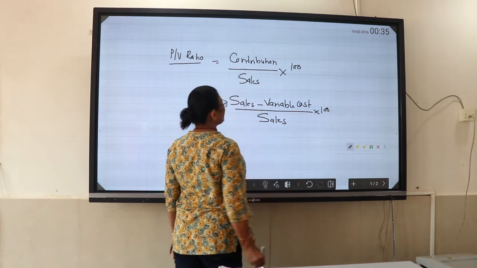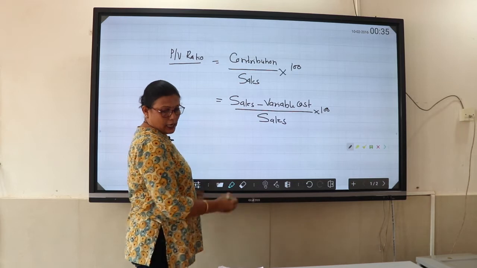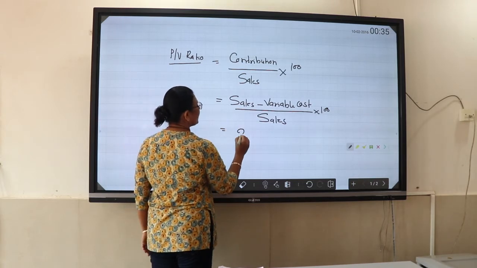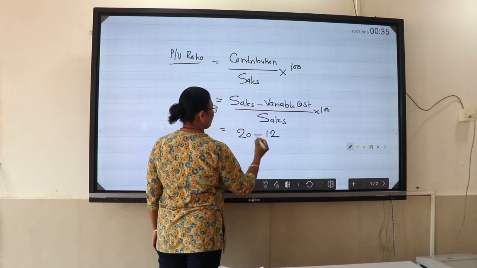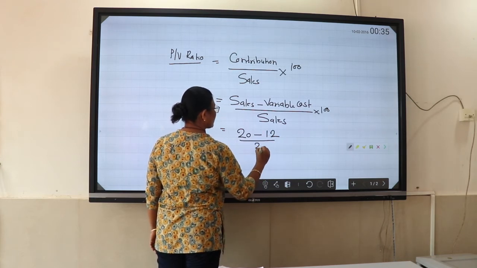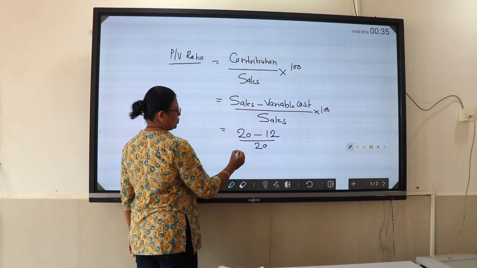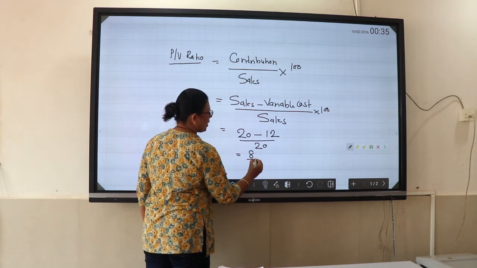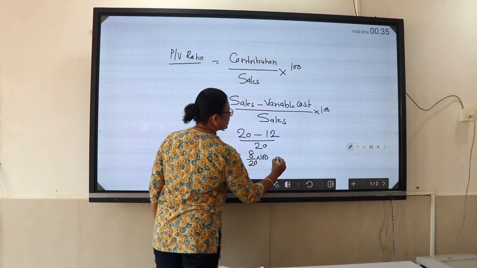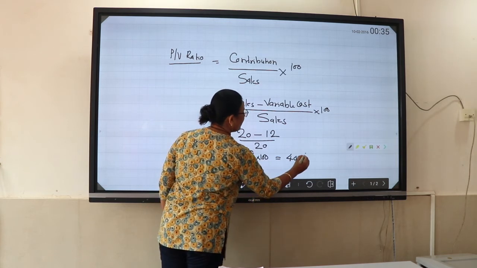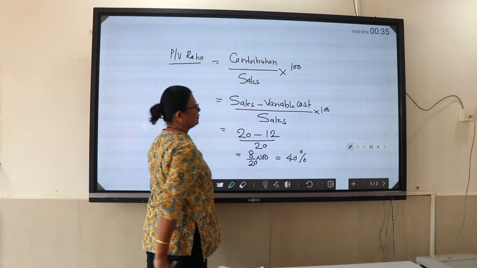Now what is in the problem? How much is our sales? Our sales is 20 per unit. What is our variable cost? 12 per unit. So I know it is 8 by 20 into 100, which is 40%. Right?